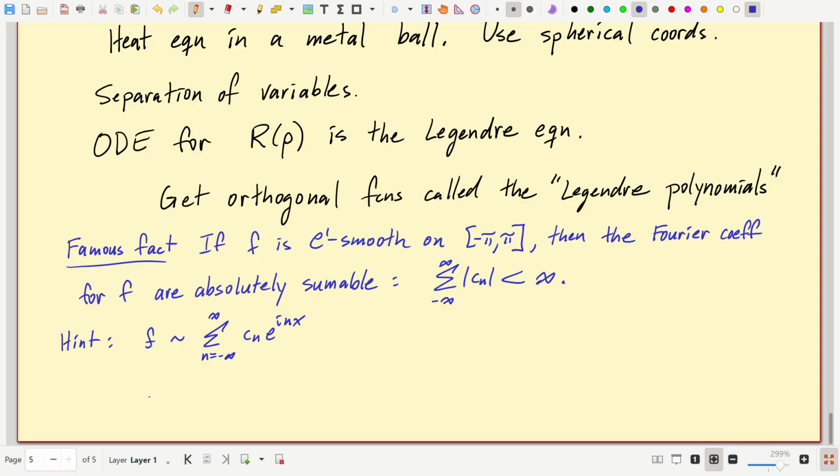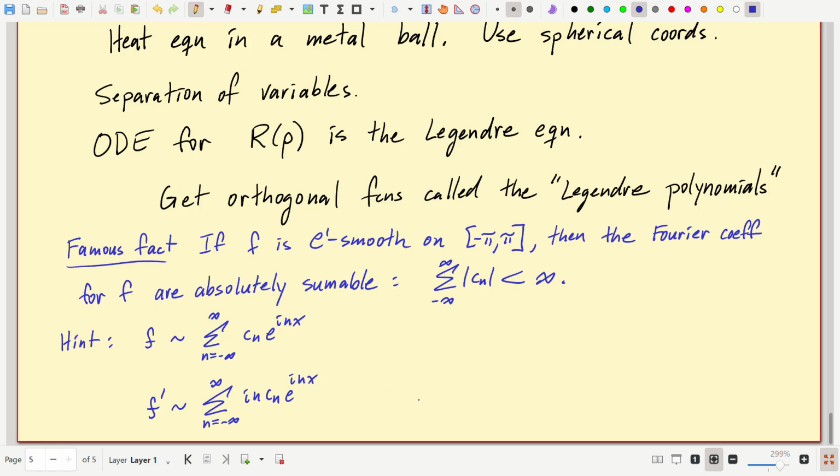And we learned by integration by parts that the Fourier series for the derivative is basically what you get by differentiation. It would be i n Cn e to the i n x.